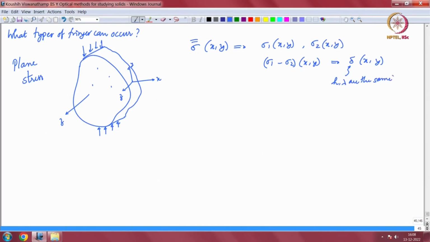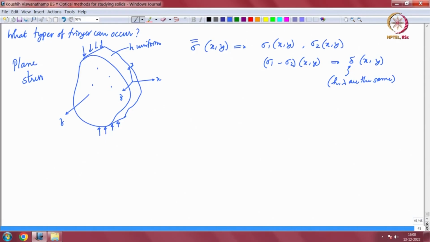Remember we are not changing that, that is a property of the body, we are assuming that it is uniform thickness h, and we are assuming that the light wavelength does not change of course. So, lambda is the same, and despite that you have this field of delta of x y, and that is really what we are measuring in some sense in photoelasticity.